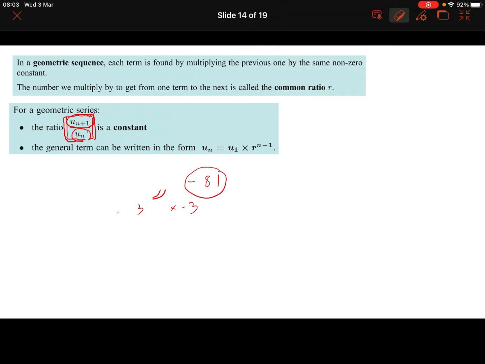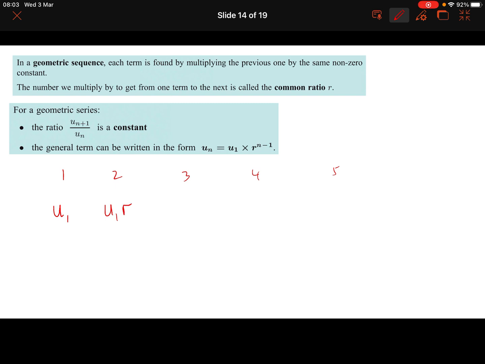Now, let's talk about what the nth term of a geometric sequence is. Let's just think about it logically. Let's say we have any geometric sequence that starts off with a first term, and let's call that first term U1. The next term is going to be U1 times whatever your common ratio is.